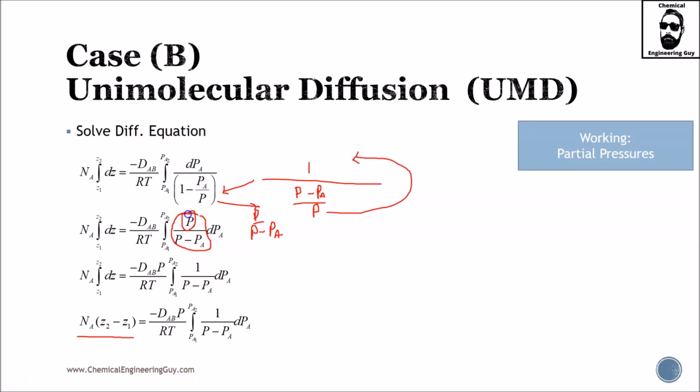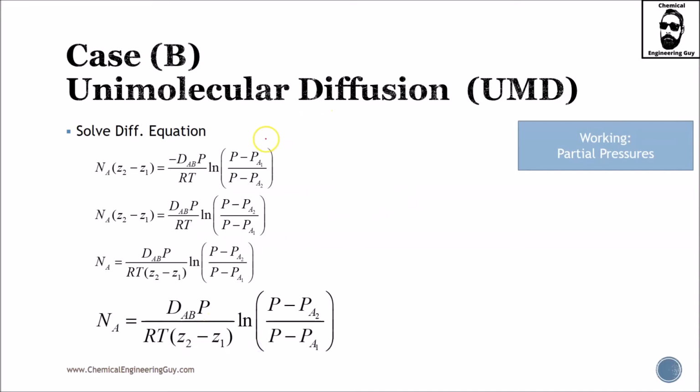Many times you will need to leave this as unity. So let's take it out. Thankfully, total pressure does not depend on partial pressure of A. If it did, then we could not get rid of it. Actually, we will need to use an equation depending on partial pressure of A in order to solve this. But the good thing is that we can do it. So let's take it away and solve for this integral.